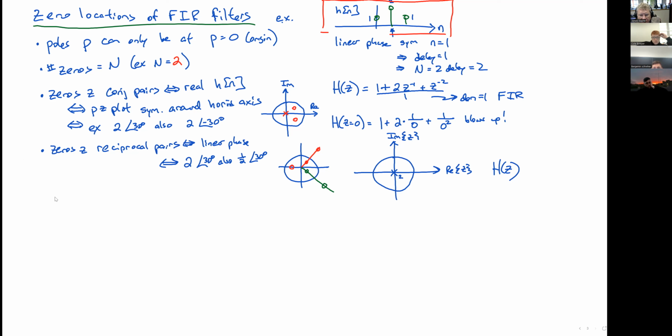That's right. And then there would be one at the reciprocal of 1/2, still at 180 degrees. So 1 over 1/2 is 2. So the other one would appear all the way out there.